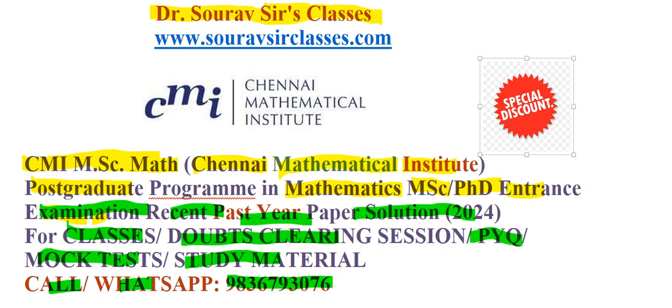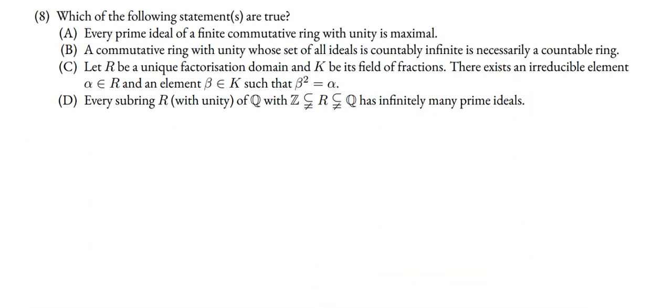So let's start with question number 8. Which of the following statements are true? There are some statement related questions. Option A: every prime ideal of a finite commutative ring with unity is maximal. Option B: a commutative ring with unity whose all ideals are countably infinite is necessarily a countable ring.